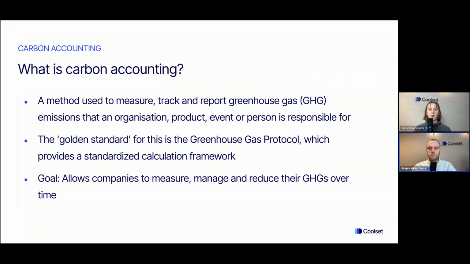And the golden standard for carbon accounting is the Greenhouse Gas Protocol, which provides a standardized calculation framework, which the majority of companies and businesses worldwide depend on to do their carbon accounting. And as we said, the goal of carbon accounting is to measure, manage, and reduce your GHGs over time. So I think the end goal is that net zero or emission reduction. But obviously, to be able to reduce, you've got to start by measuring and knowing where you're at today. And that's what we're going to focus on.